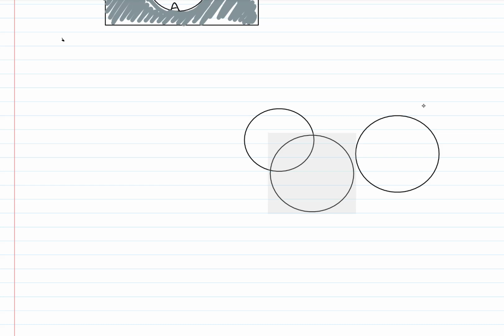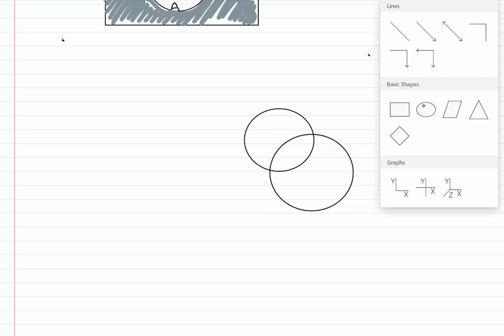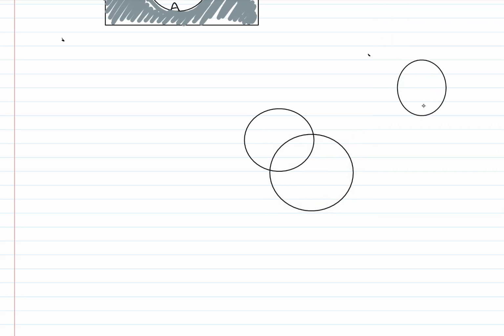Okay, and then there's another. And then there's another. You always draw them so that all of the sets link each other. You might say, well, what if the 2 sets don't have anything in common? Then you just don't shade the part where they overlap. I mean, that would be empty then. You see what I'm saying?